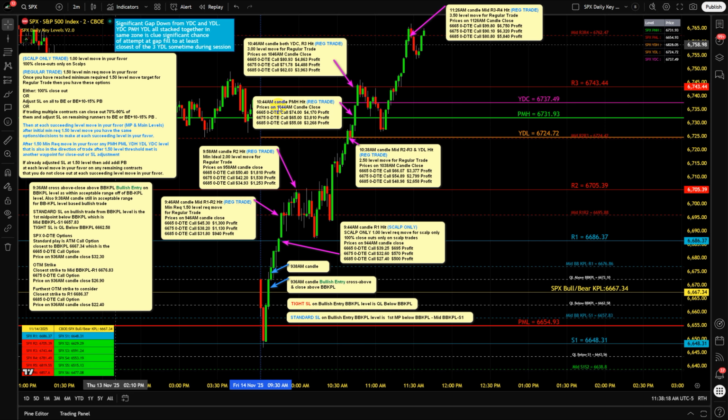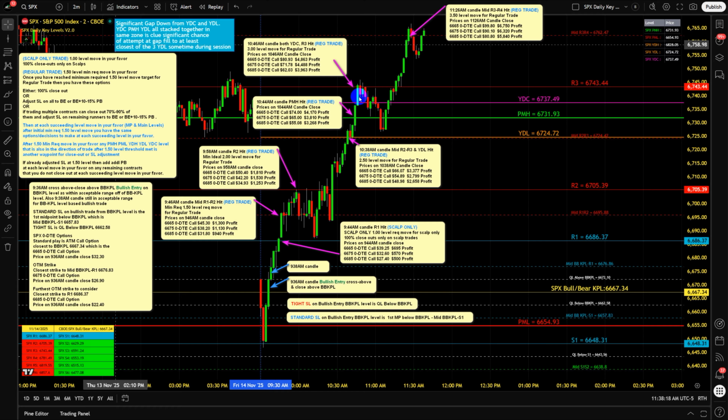On this candle close, on the hit of the PMH level, you still have all the same decisions to make, because this, of course, is all occurring after the 1.5 level move in our favor, which happened down here. $74 on the 66.65 call, that's $4,170 profit per option. 66.75 call, $65, $3,810 profit per option. And the furthest out of the money 66.85, $55.08, that's $3,268 profit per option.